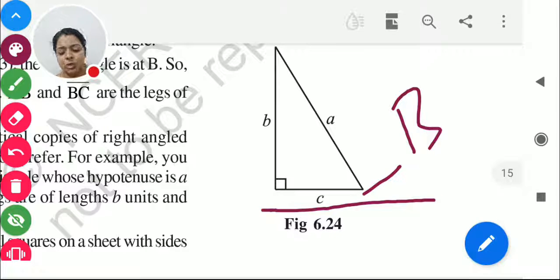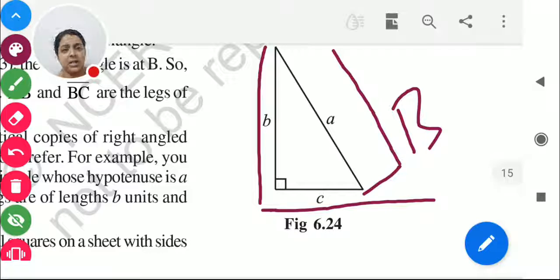Second, if you talk about the length, this is called the length. And the next one is called the hypotenuse.